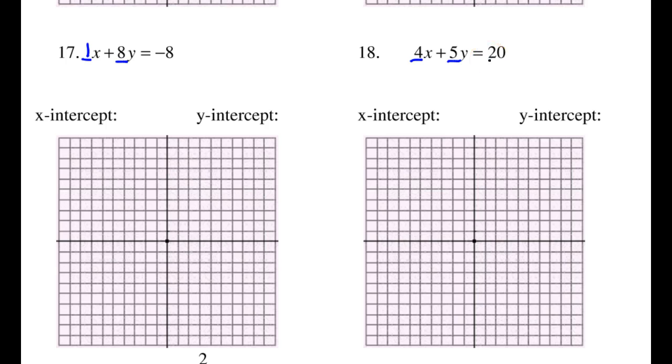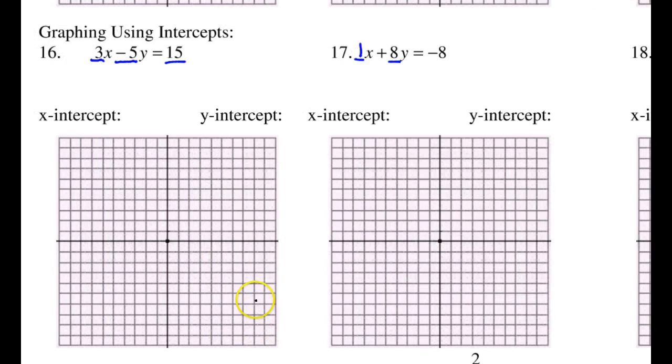If you want to graph them anyway, that's fine, but they're not required. They're only required to go up to number 15. Go ahead and use the rest of the period to finish up both of them and turn them in when they're done. Tomorrow you'll get the review for the test, and then we'll do the test on Thursday.